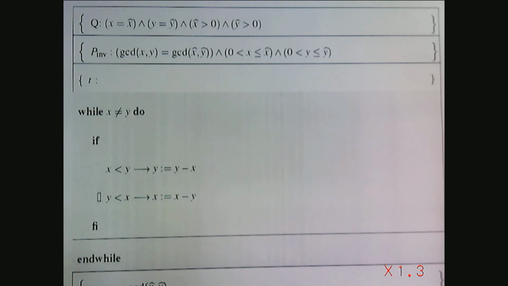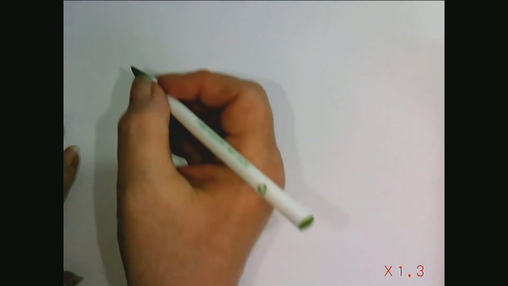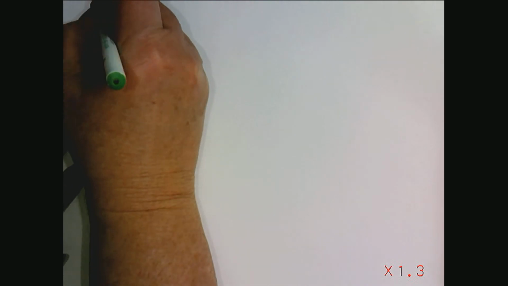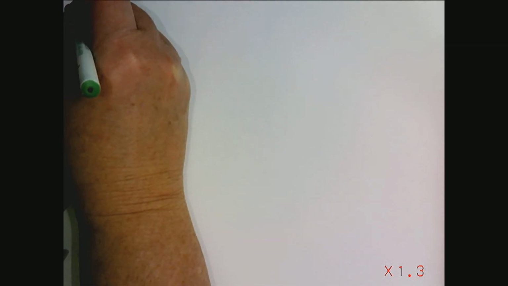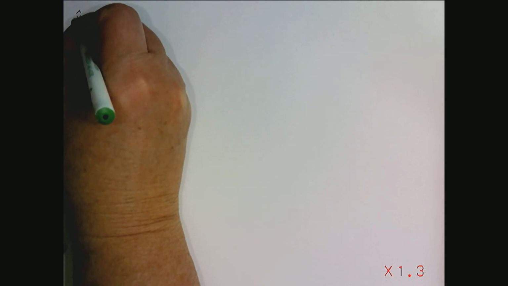So, just to make sure we have an understanding of this algorithm, I thought we could go through and look at the algorithm applied to a couple numbers. So I picked the numbers 45 and 150.